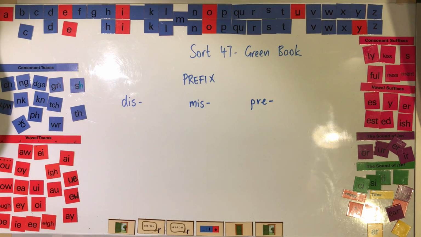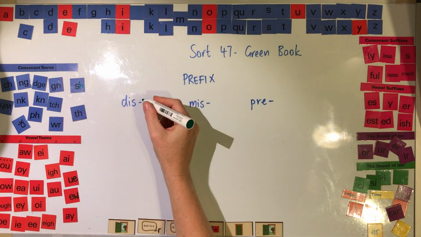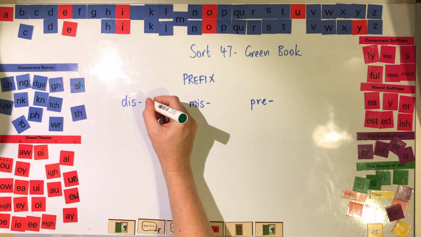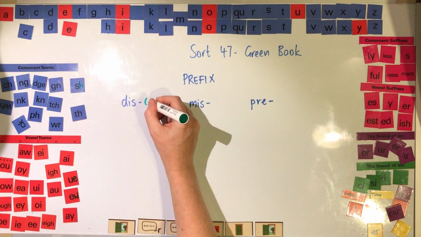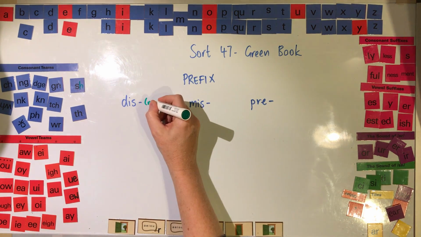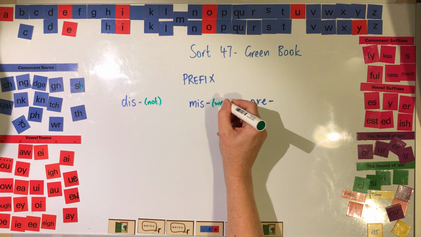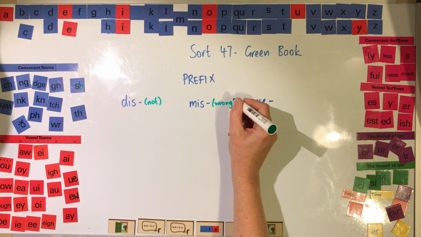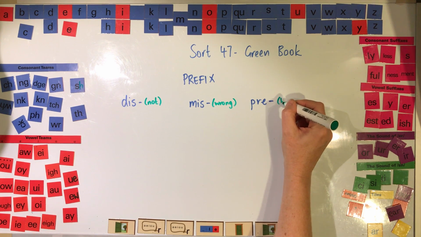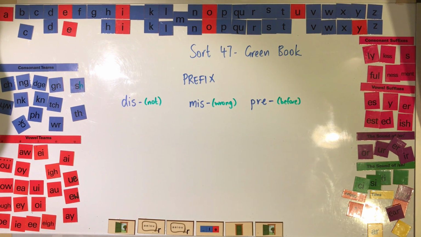So I'm going to use my green pen to say dis is opposite. Was it opposite? Un was opposite. Well, kind of not. Let's just say not. That's easier, isn't it? Miss means wrong, and pre means before. Okay, so let's put our words in.